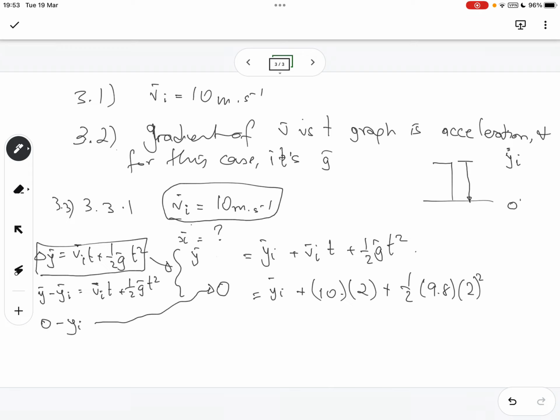Nevertheless, we've got 20 plus, that's 4 divided by 2 is 2 times 9.8 is 19.6, plus yi equals 0. So yi is 39.6 meters.